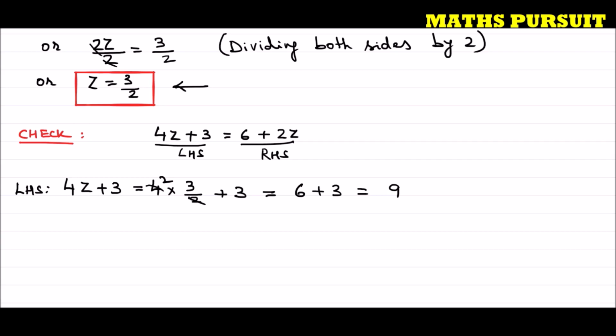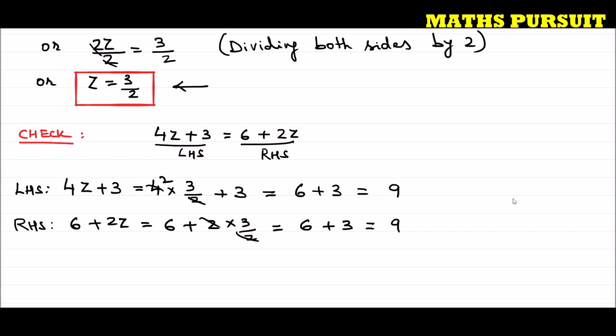Now let us check the right hand side of the equation. The right hand side of the equation says 6 plus 2z. So that is equal to 6 plus 2 into 3 divided by 2. That is equal to 6 plus 3. How 3? These 2 and these 2 cancel out, we are left with 3. So we got the right hand side of the equation as 9.